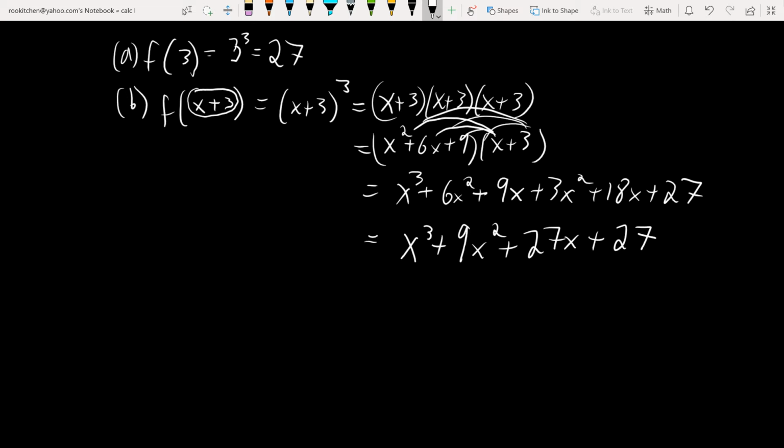Seems like the middle one should be 18. I'm just making sure my math is right. I think it's good. Let's try another one.